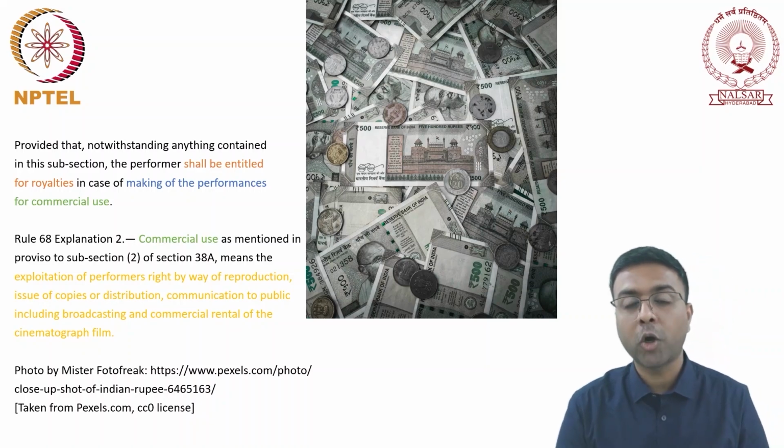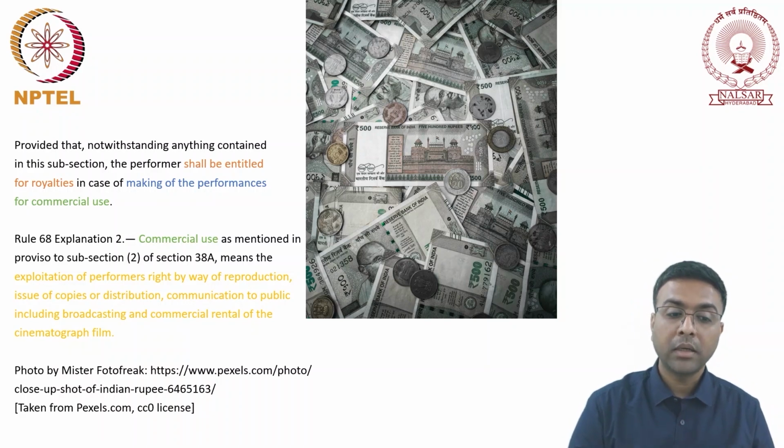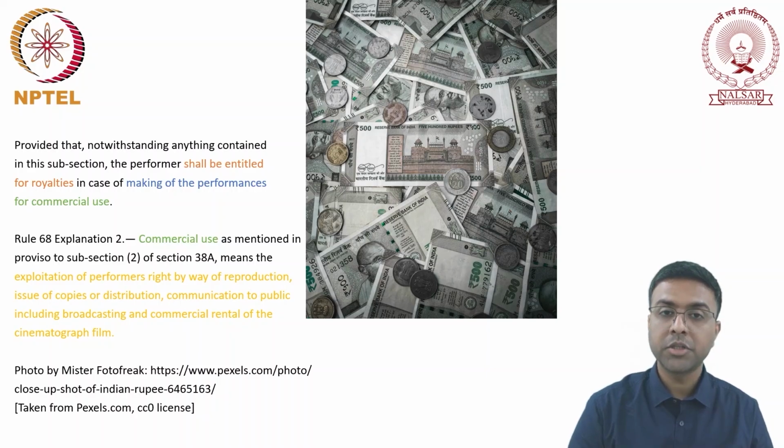If we look to the Copyright Rules 2013, under Rule 68, Explanation 2, commercial use is defined. It says, commercial use as mentioned in the proviso, which we just read, means the exploitation of performer's right by way of reproduction, issue of copies or distribution, communication to public, including broadcasting and commercial rental of the cinematograph film.